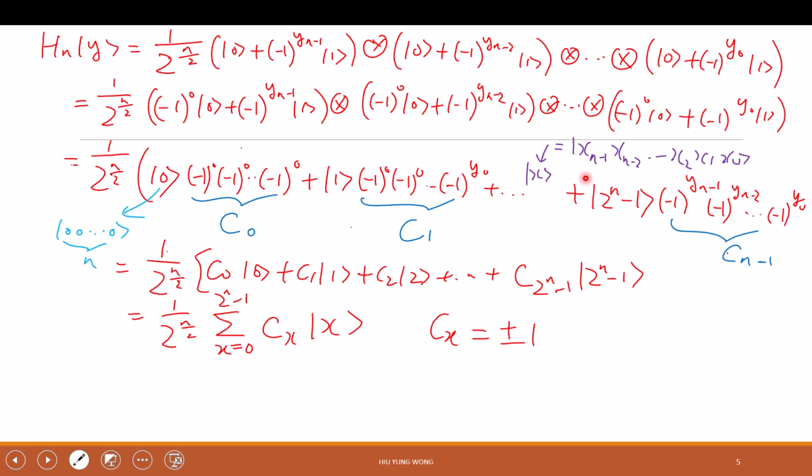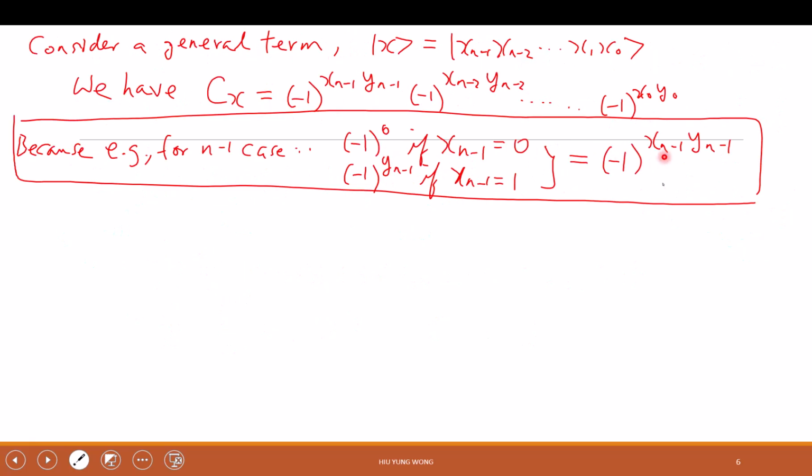And if this n minus 1 is 0, for example, it must be a 0 from here, right? It comes with negative 1 to the power 0. If xn minus 1 is actually 1, it comes with negative 1 to the power yn minus 1, because that is how you construct this. Make sense? And because of this, we come up with this equation. So this C is equal to this.